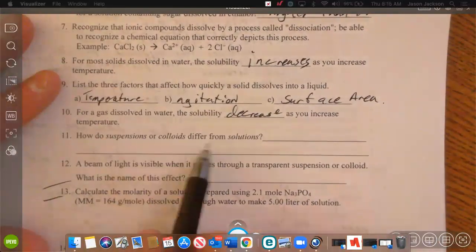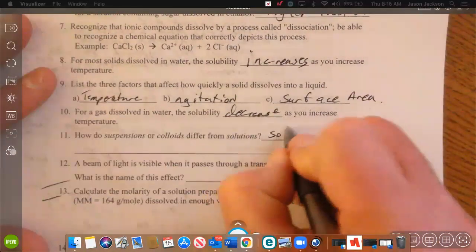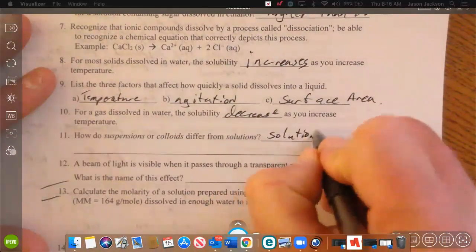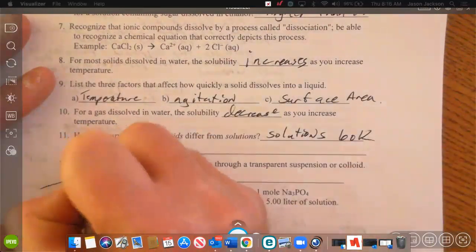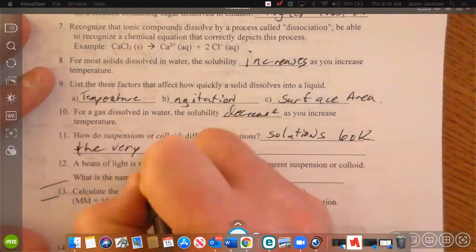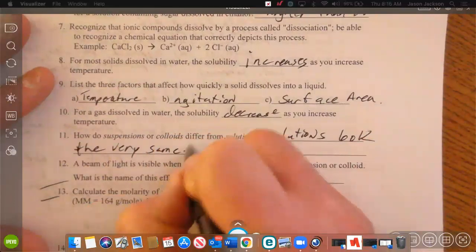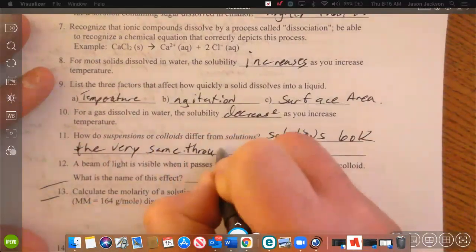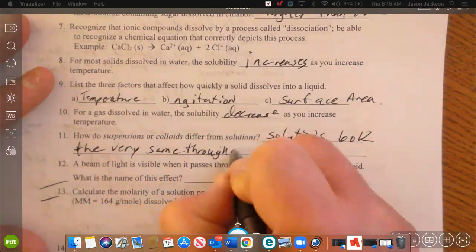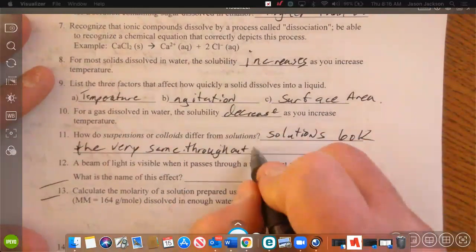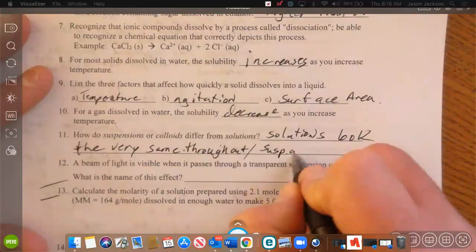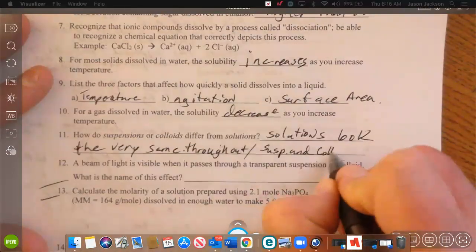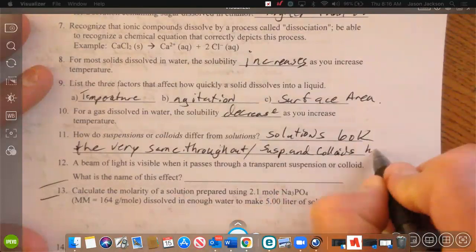Suspensions or colloids differ from solutions. Solutions look the very same throughout. Suspensions and colloids have particles you can see.